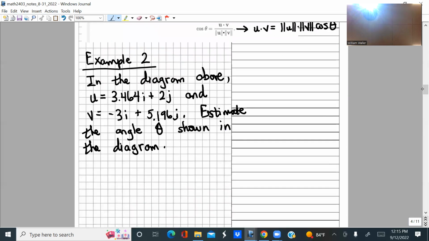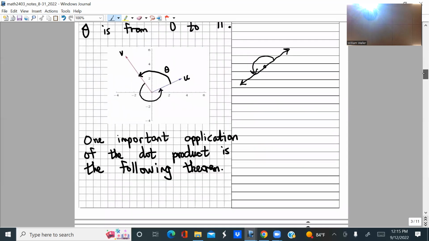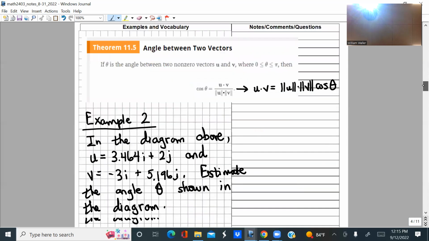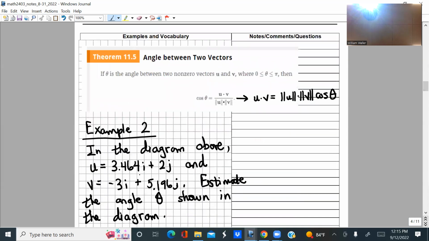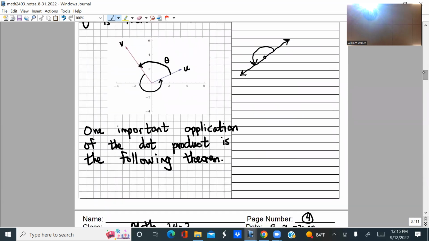In the diagram above, I claim these are the two vectors. So this vector u in standard form is supposed to be 3.464i plus 2j. Who knows if that's true or not, okay? Well, it looks reasonable, okay?